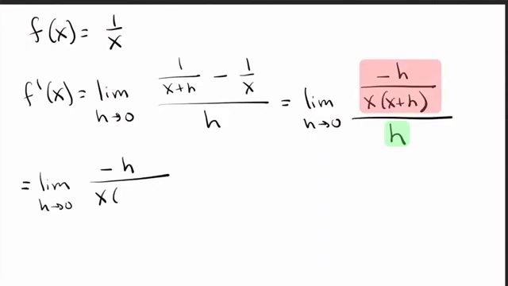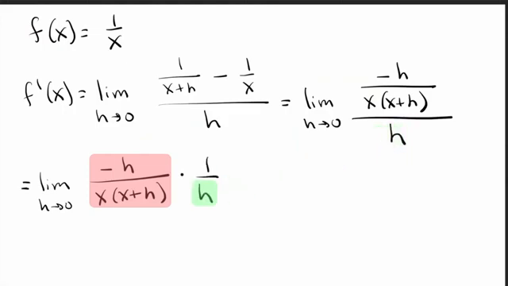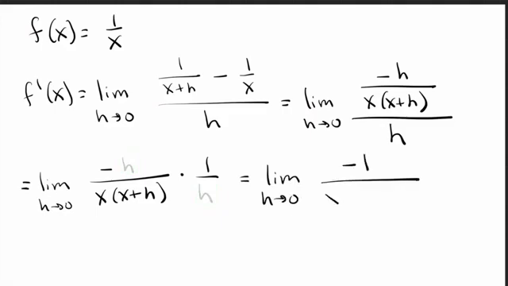So I keep the top of the fraction exactly the same. But instead of dividing by h, I'm going to multiply by 1 over h. And hey, this is great for us because I see h's are going to cancel when I do that. So if I go ahead and cancel those h's, what I'm left with is negative 1 on the top. On the bottom is x times x plus h.